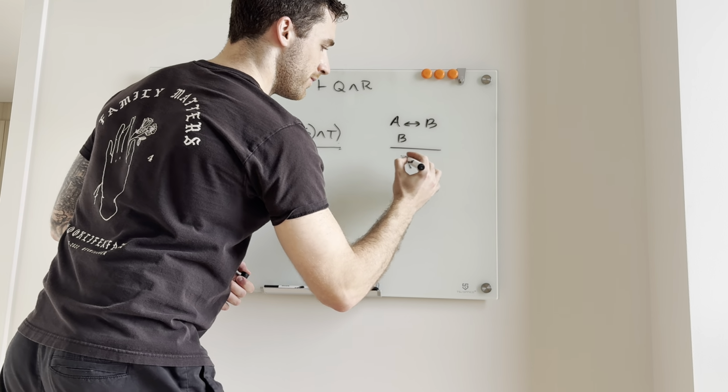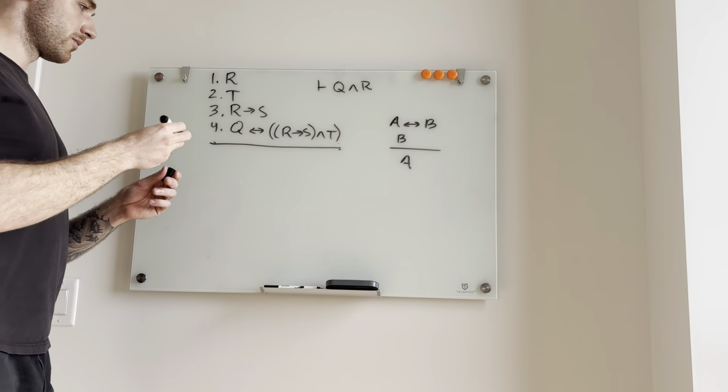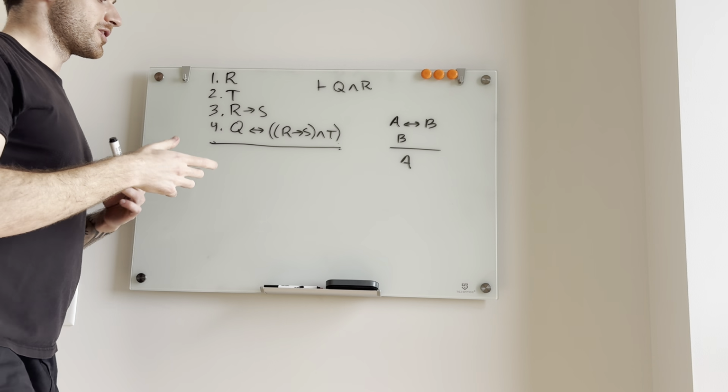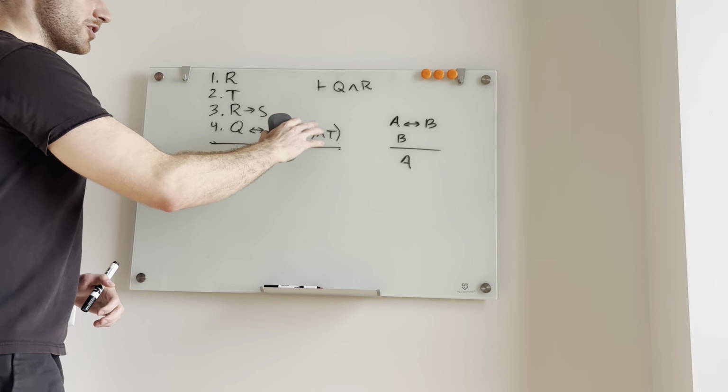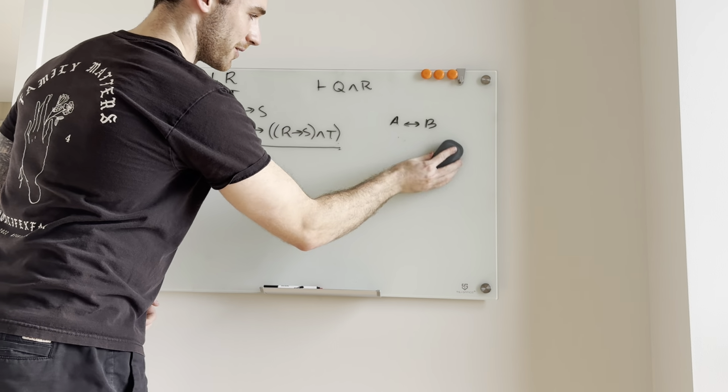If you have A double arrow B, and you find that one side of that arrow is true, the other side of that double arrow must be true as well. Biconditionals let you go both ways like this, unlike the normal conditional like this guy. Okay? So that's kind of our strategy to get Q, is we're going to try to see if we can deal with this sentence right here.